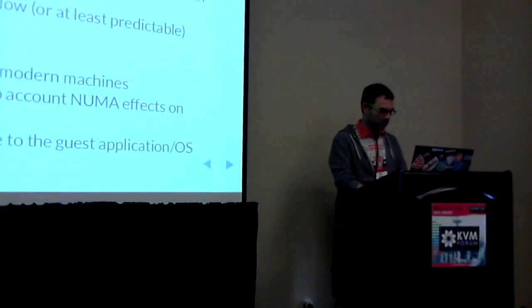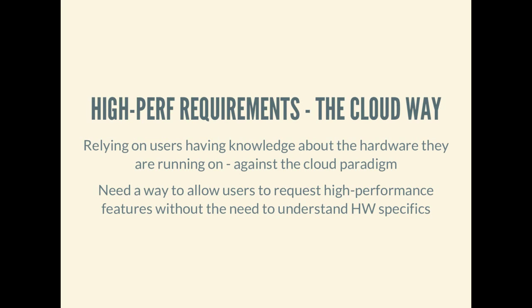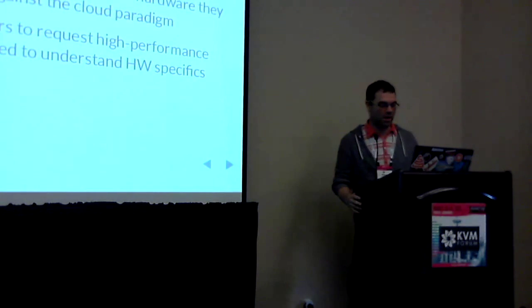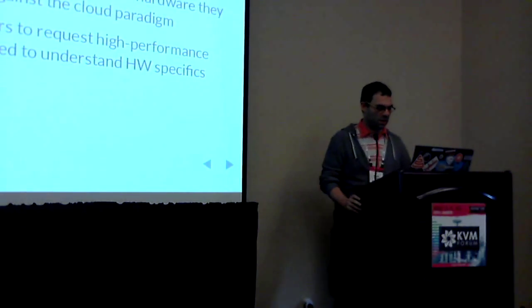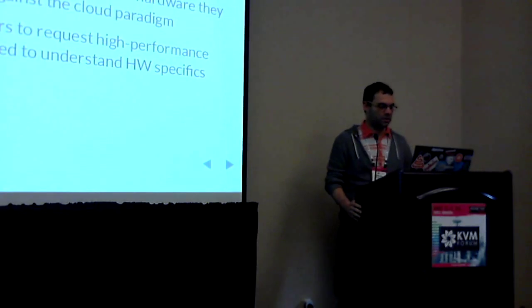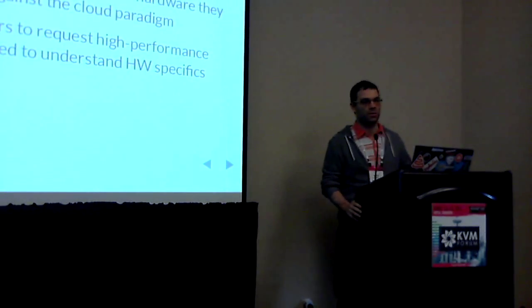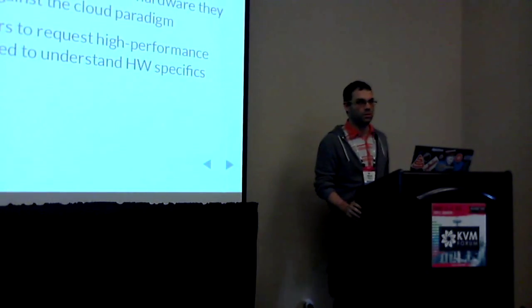A hint at the issues when designing these things and exposing them through the API that Nova has is that we cannot rely on users understanding or having knowledge about the hardware their workloads will be running on.